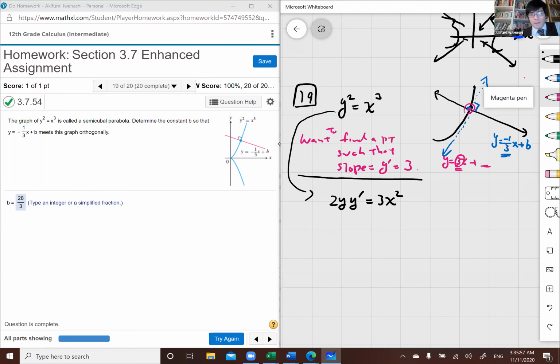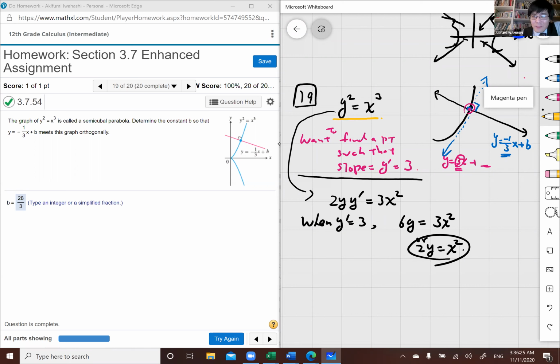Now we know that when y dash is equal to 3, it becomes 6y is equal to 3x squared, or 2y is equal to x squared. Okay, so that's all we know so far. Can we solve for this? Not by itself. However, x and y are related by this expression as well.